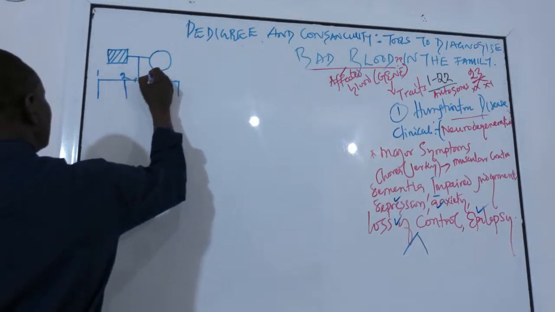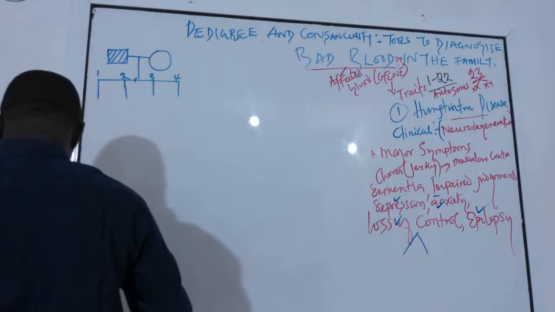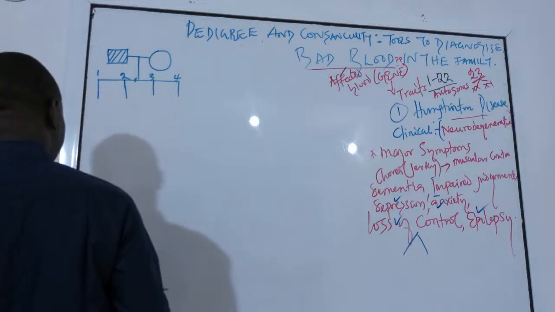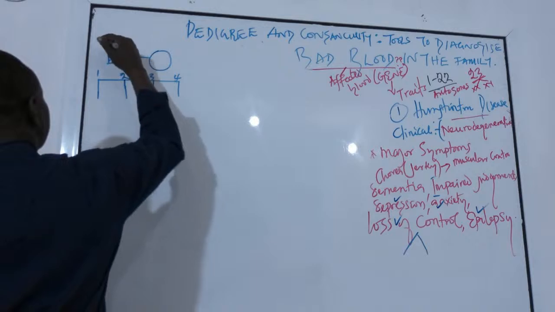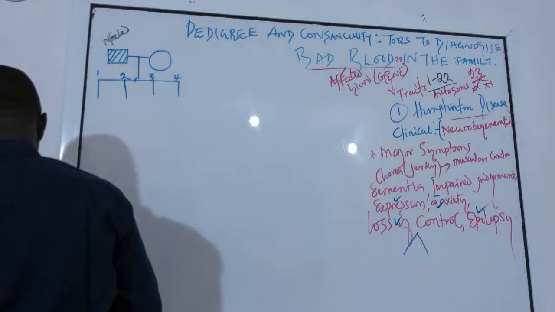This is 2, this is 3, this is 4. Okay, the person is going to have a 50% chance. So this is affected. This person is an affected male.